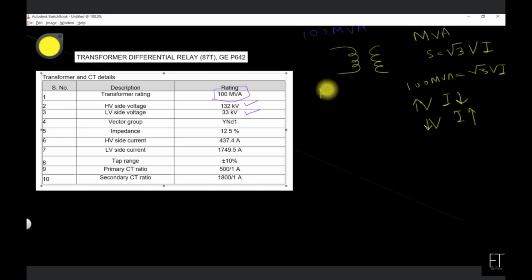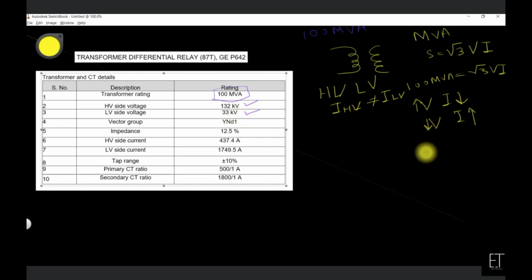So IHV in the balanced condition will not be equal to ILV. It is because of the transformation ratio. So we need to compensate this difference in our relay.